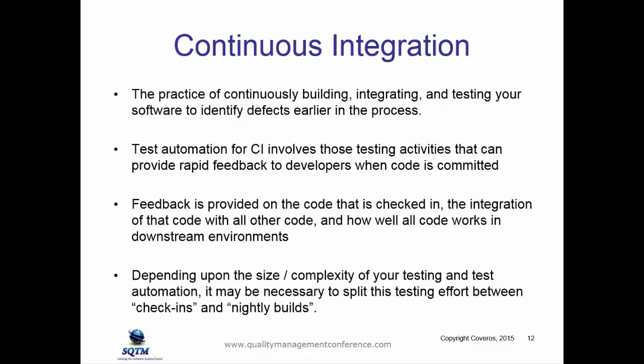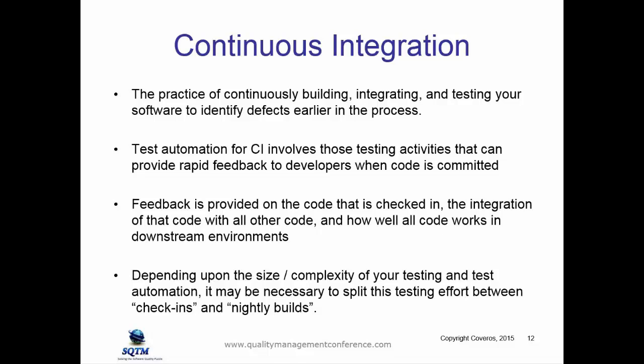Now, as you can imagine, based upon the size and complexity of the testing process that you have and the amount of testing that you need to do and how much automation you have in place, it's typically necessary to split the types of testing you'd want to do for continuous integration into what I'll call check-in tests and nightly build tests.